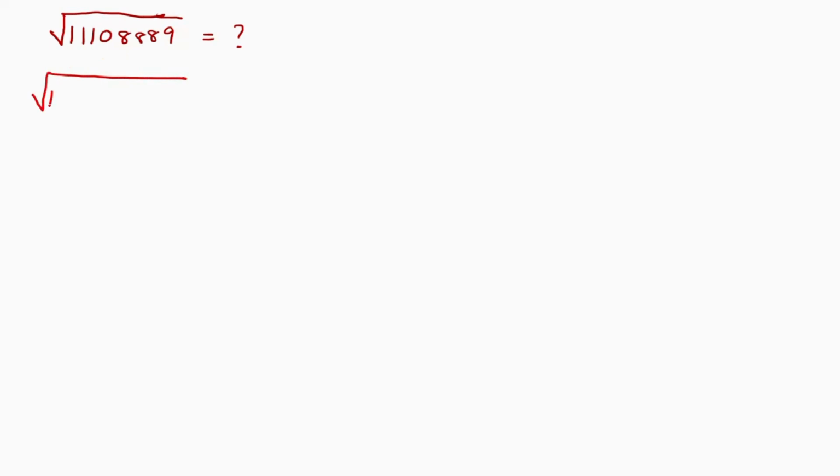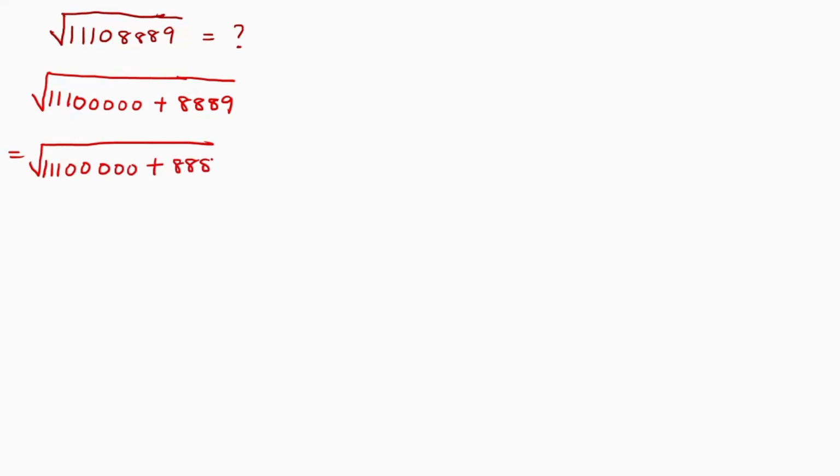So we have this to be 1110 1234 plus 8,889. All right, now I've been able to simplify this, so let's expand: 111,000,000 plus 8,880 plus 9.